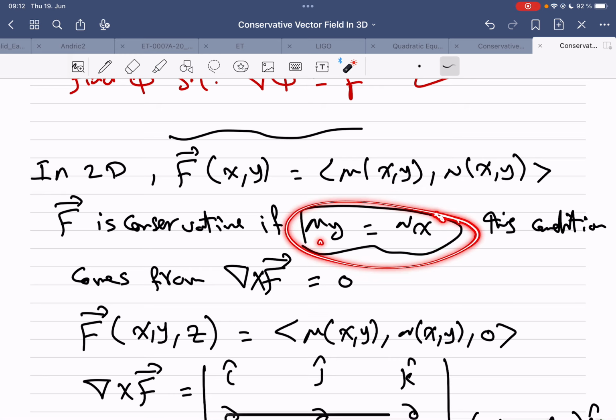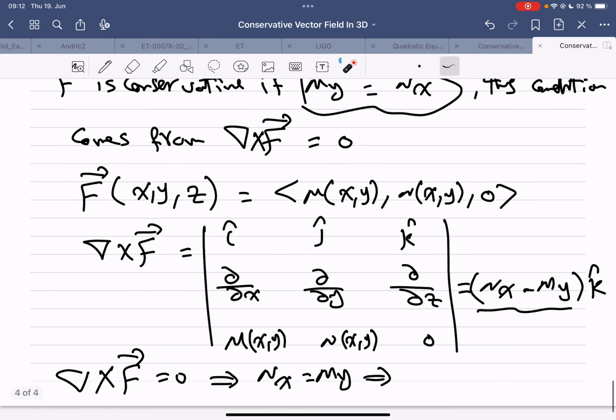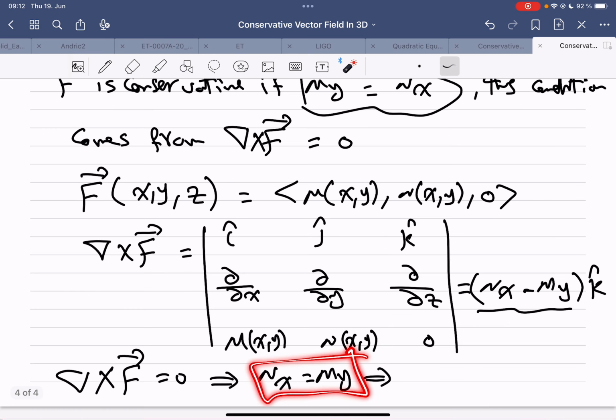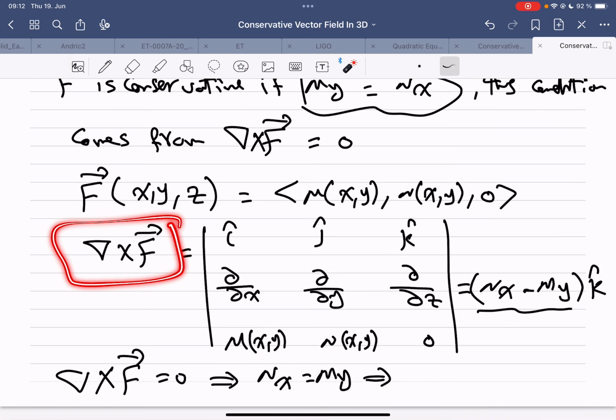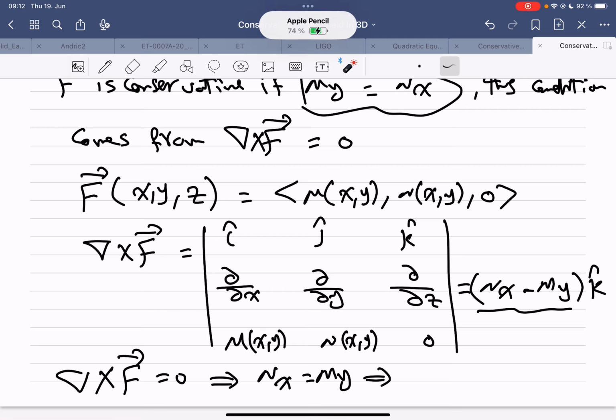So m y equal n x comes from this fact that f is conservative when curl of f is 0. I hope you understand now why we took in the last video the condition n x equal m y to give you that f is conservative.